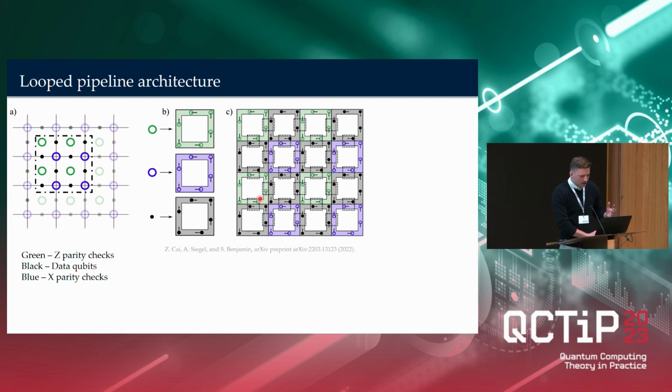And again, the layout is still exactly the same, the surface code layout, but instead of single elements, we have a loop of shuttled qubits. And as they move around, they enter these entangling regions, which are the dashed boxes right here. And they would entangle with the data qubits, which are represented by these black dots, with either the X or Z parity checks.